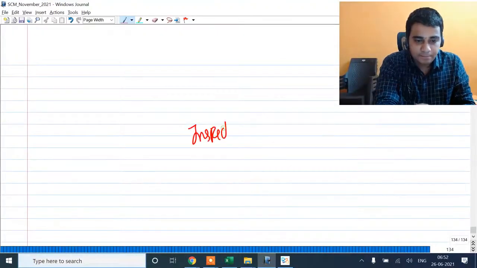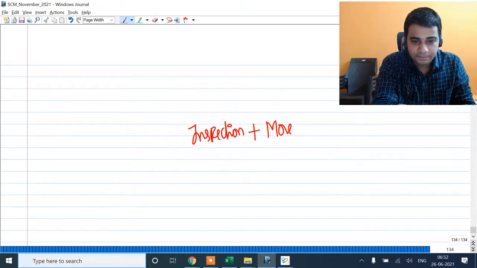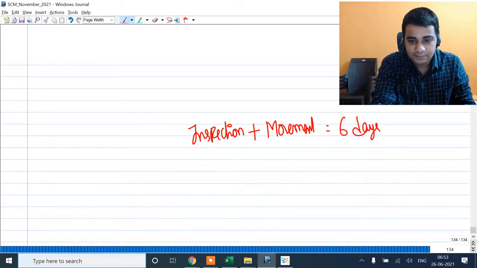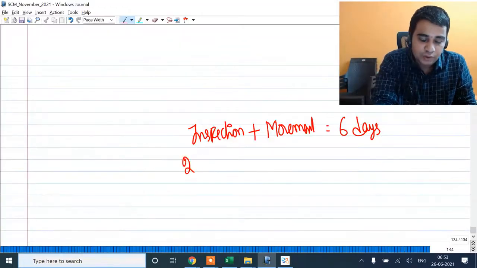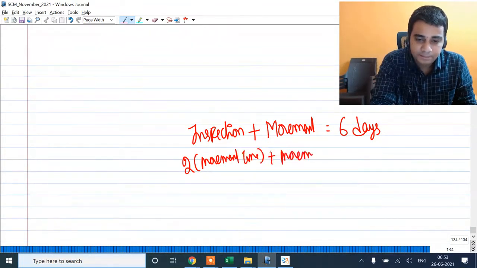Inspection plus movement is equal to 6 days, in which the question has said your inspection time is double that of movement time. So I'll say 2 into movement time, double, plus movement time is equal to 6 days.